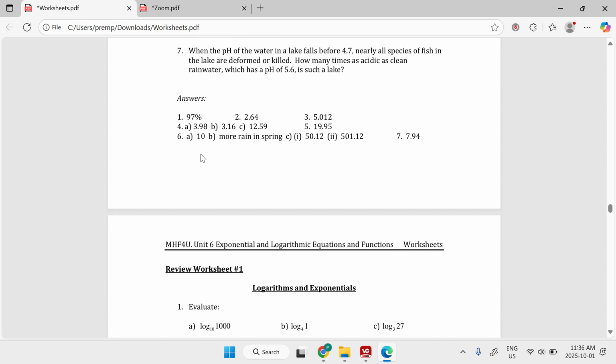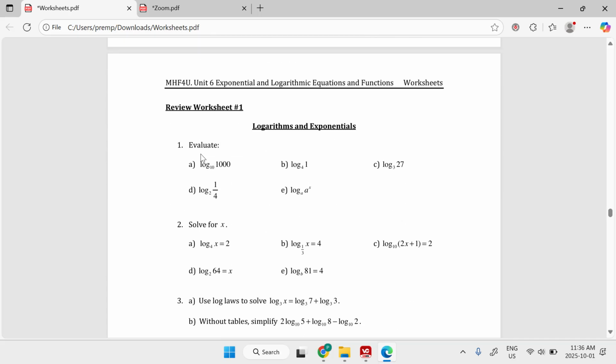Just have a look at the questions and see how you can do the conversions. Like you can see here, they're saying log base 10 and then we have this 1000 here. So we have to make the base of the number the same as the base of your log. So we write 10 to the power of 3, this will cancel, and your answer is 3.